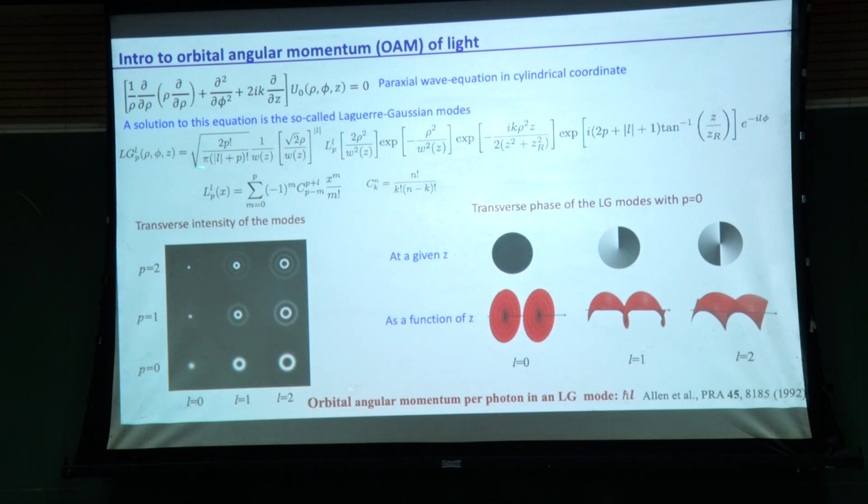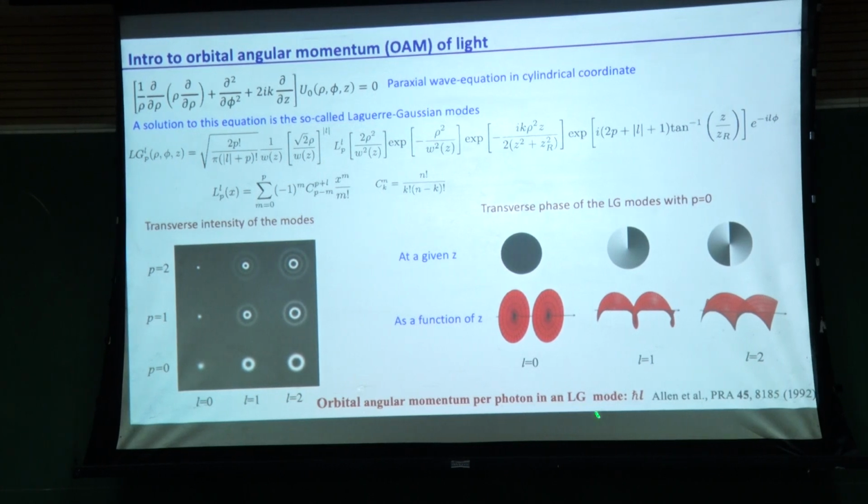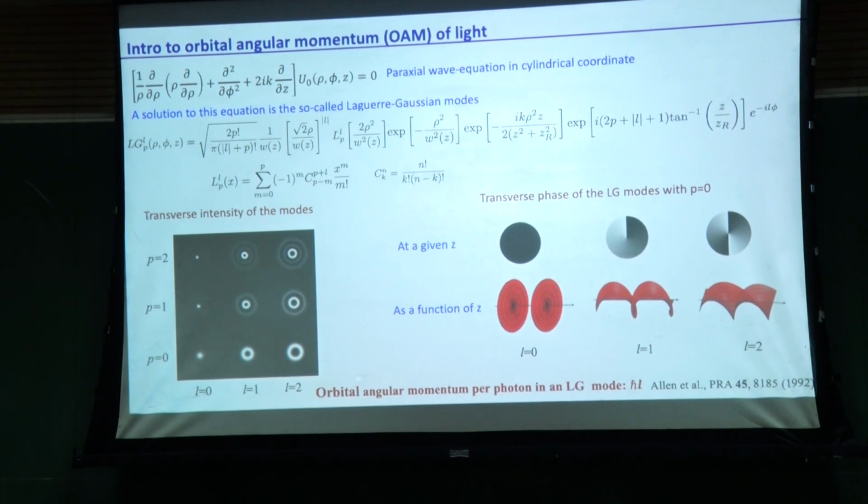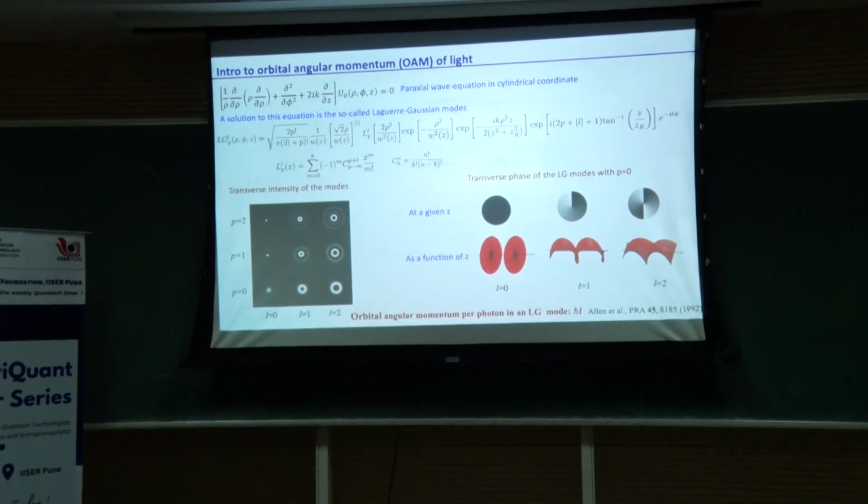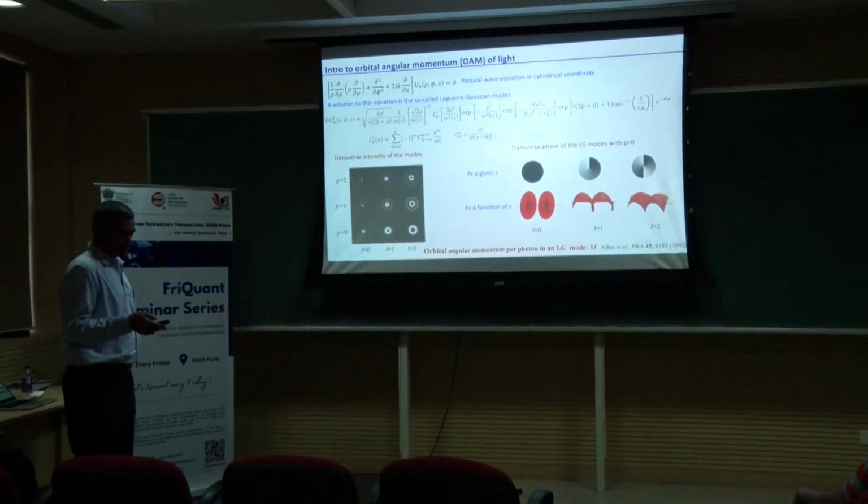But in this mode, if you collect enough field such that the total energy is h bar omega, then corresponding to that energy, the total orbital angular momentum will be h bar L, where L is an integer. Since you have an integer here, of course, in quantum information you are excited. Now you have a discrete basis, and that is what you need in quantum information. This basis is above and beyond the polarization basis, which is only two-dimensional. Now you have literally an infinite dimensional basis at your disposal.